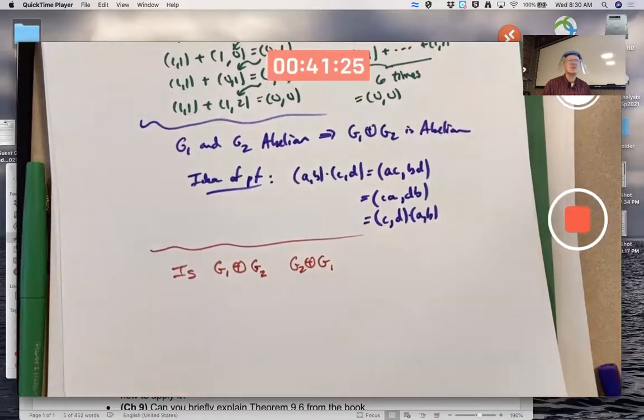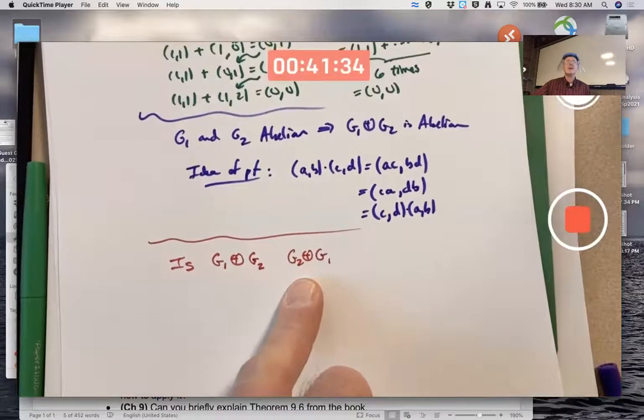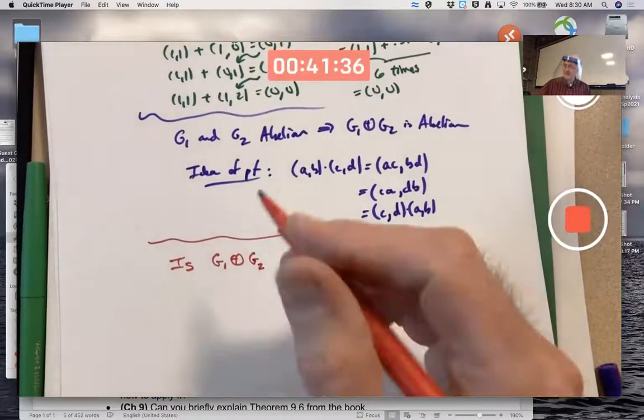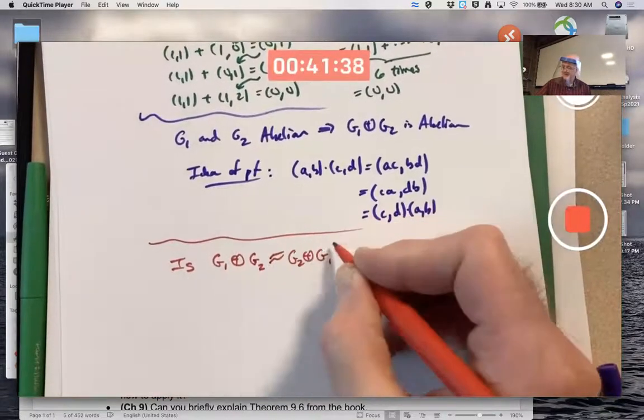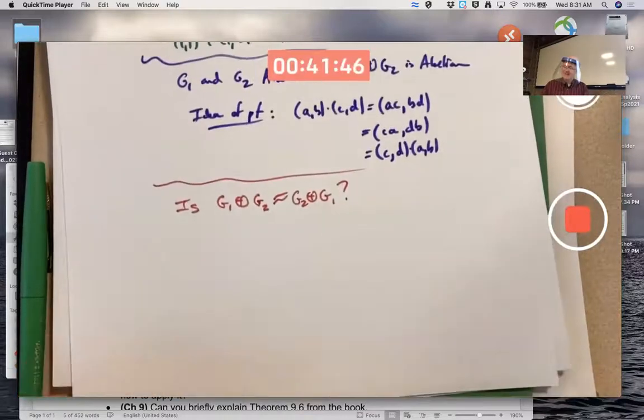Can I switch around the G's, the groups themselves? Well, they're not equal as sets, so you can't literally say this equals this, but they are isomorphic. I'm writing it as a question, but it's actually true. They are isomorphic. The answer is yes.